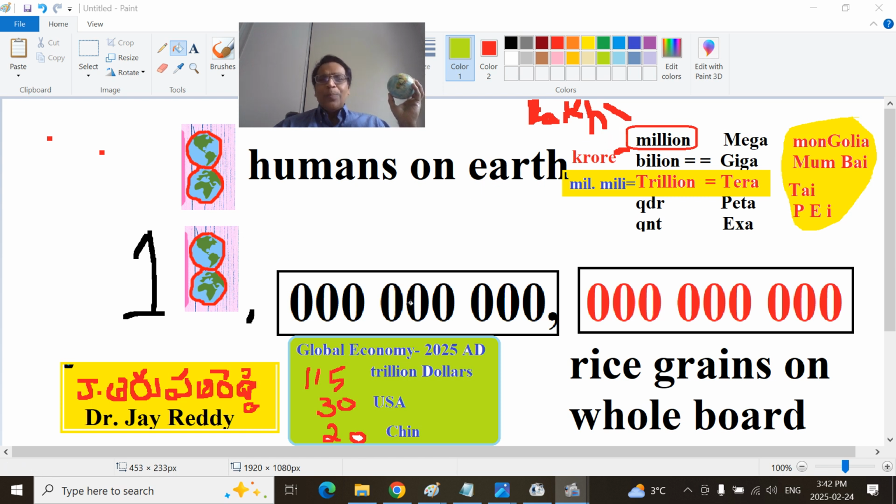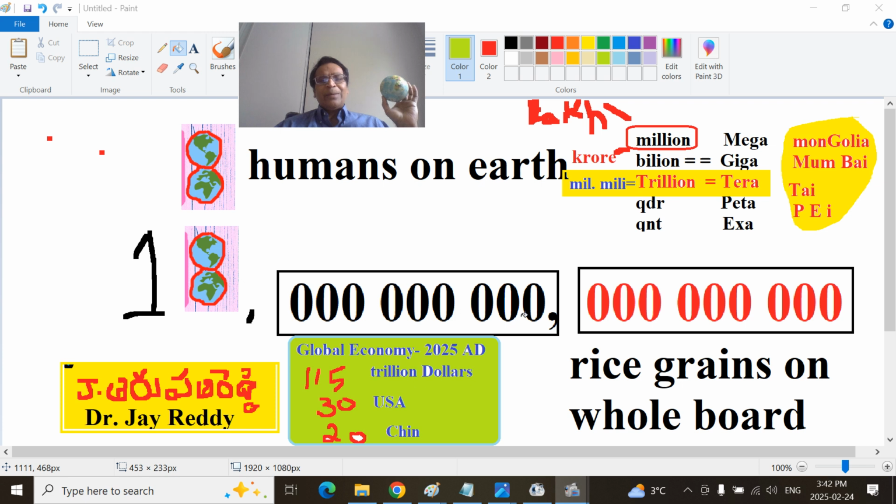How many rice grains are present on the whole chessboard? If you remember this 8, these are humans, these are the rice grains, just add 1 in front of it. Now you have the 18. Add 18 zeros after it. That is billion, billion, billion, billion.